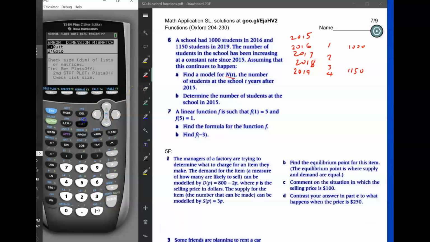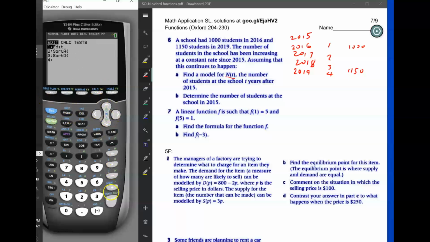Oops. I think it's because we have stat plot on. Second, stat plot. Second, quit. Second, stat plot. Okay, as everything's off.